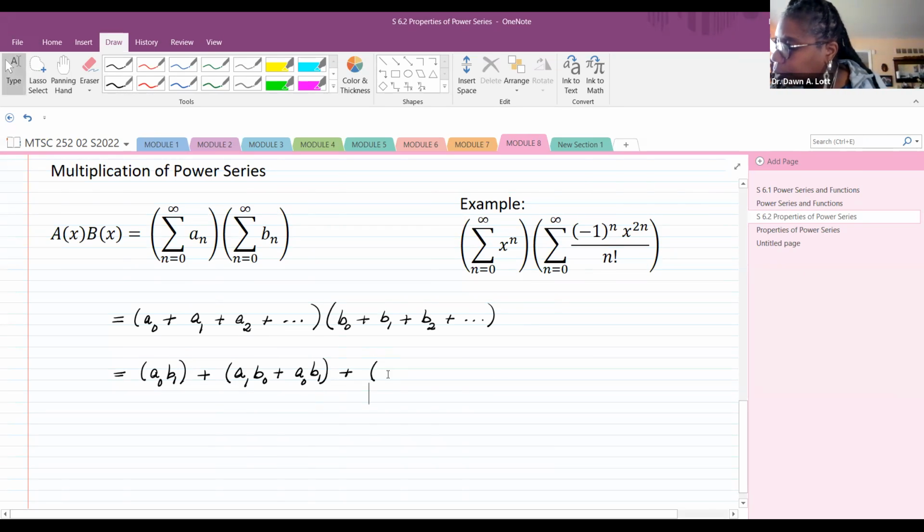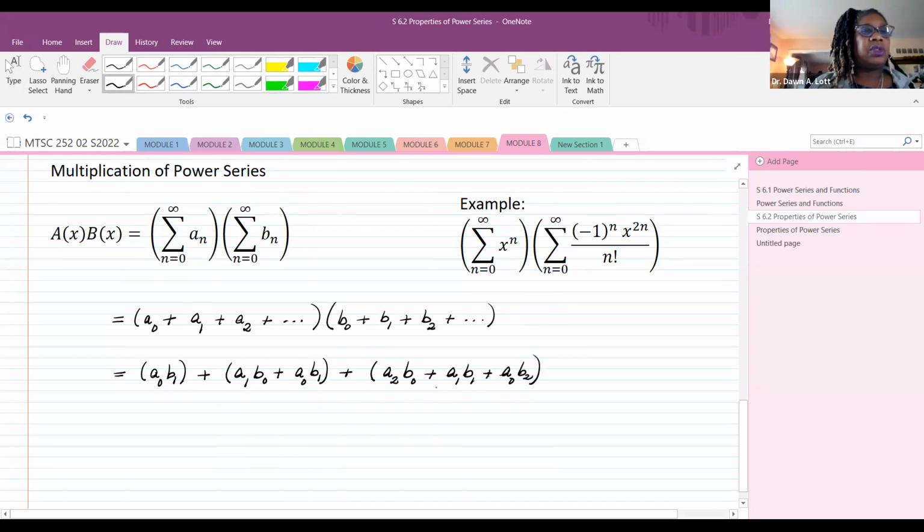Your next term is going to be A2 times B0, plus you're going to get A1 times B1, and then you're going to get A0 times B2. So if you notice, each time I increase where the A's start, and I start with the decrease of the B's. So we call this C1. This term is C2. This term is C3.